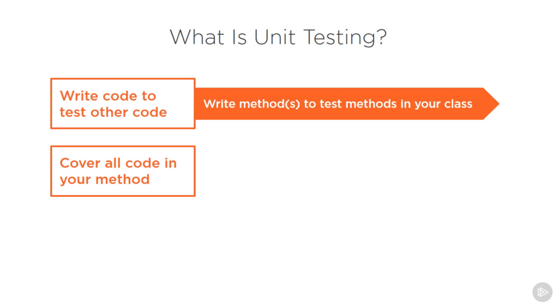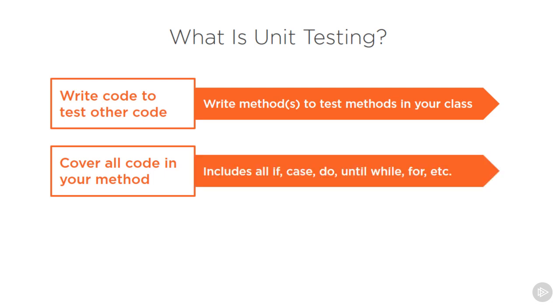What I mean by cover all the code is that you have to include all if, case, do, untils, whiles, fors. Every case that might do some code in your method needs to be covered by a test. The reason we do that is then we know that every single piece of our code has been hit and that we know that it has then been tested.